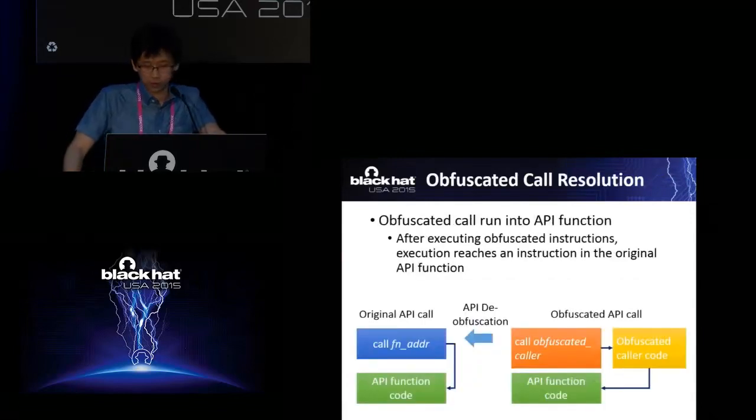Finally, when we run the obfuscated call instruction, the execution path goes into the API function code. If we execute the obfuscated caller, the obfuscated caller code is executed, and finally the API function code is executed.